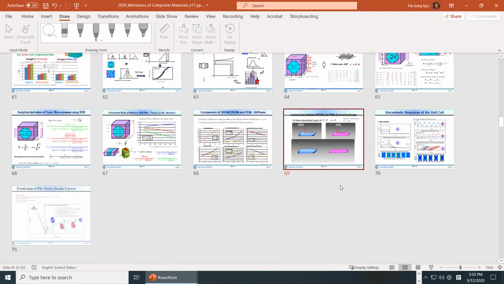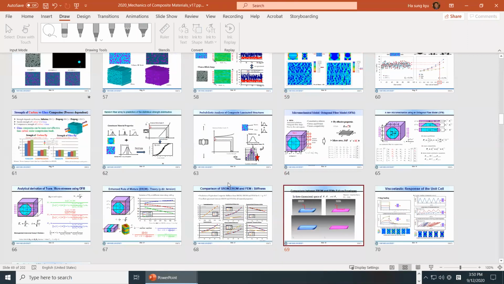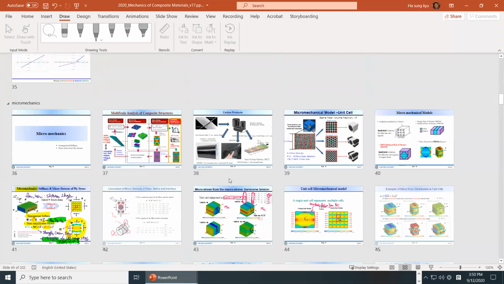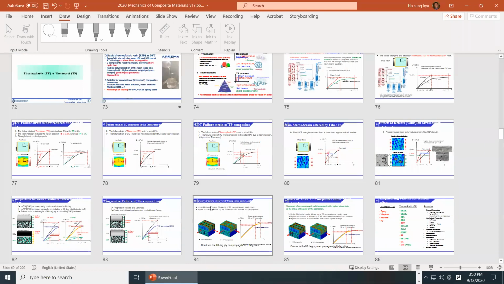Some topics are a little advanced for those who have no idea about composites, but we will come back to this issue, micromechanics, because micromechanics is a very important topic, and that's why I covered it first, so that I give you an idea.